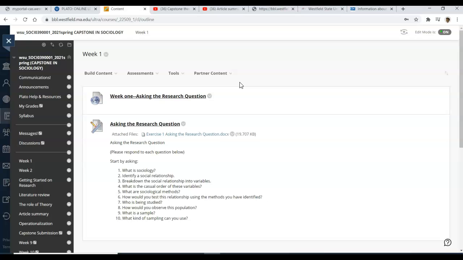The next thing you want to do is think about, all right, what is it that I'm looking at, specifically? I'm interested in the effects of income inequality by race, right? That might be a question.